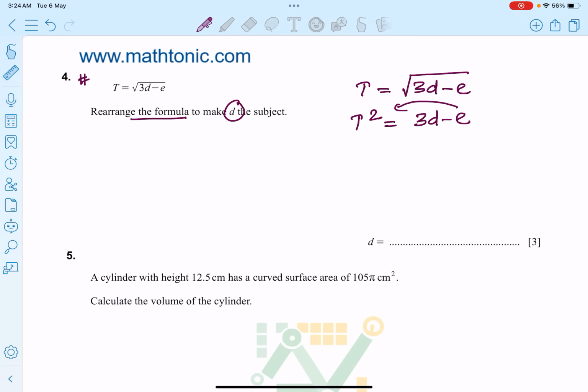If I move this, it will be t squared plus e equals 3d. Divide by 3 on both sides: t squared plus e over 3 equals d. So the answer for this question is t squared plus e over 3. Did you get it everyone clearly?